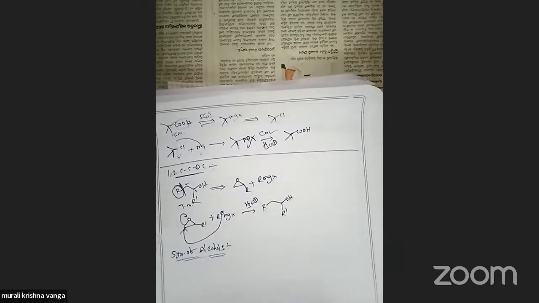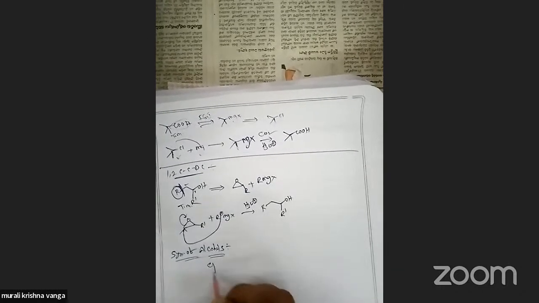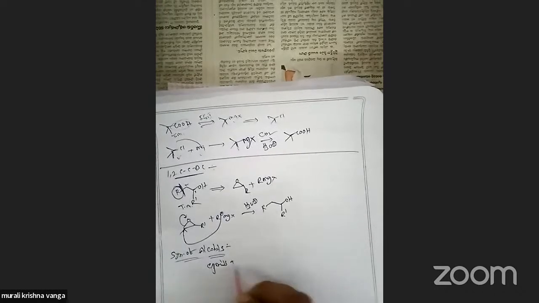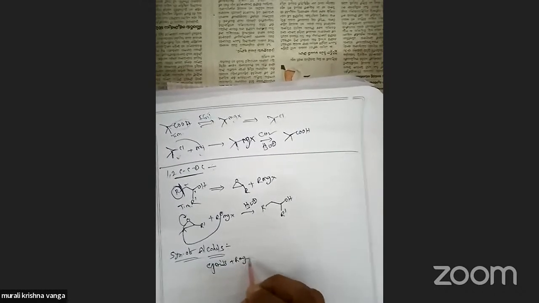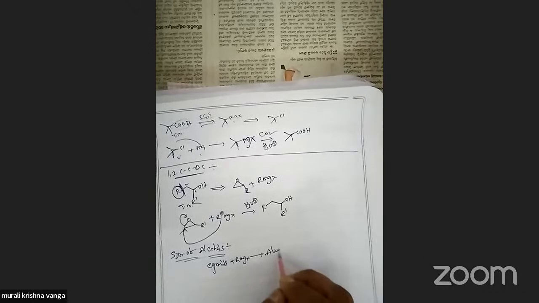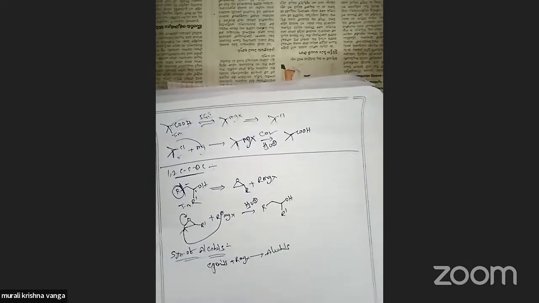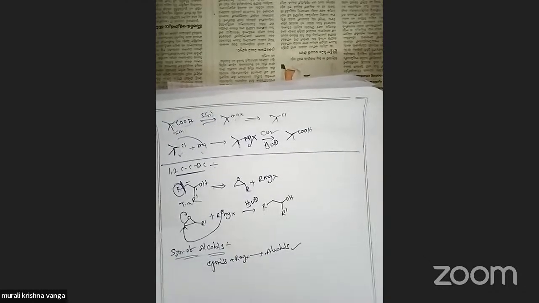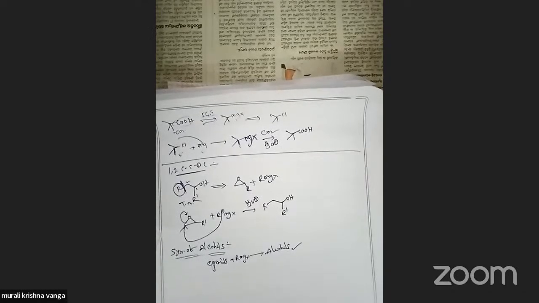The epoxide is converted to an alcohol: when epoxides react with a Grignard reagent, the product is an alcohol. This is the best route to synthesize alcohols from an epoxide and a Grignard reagent.